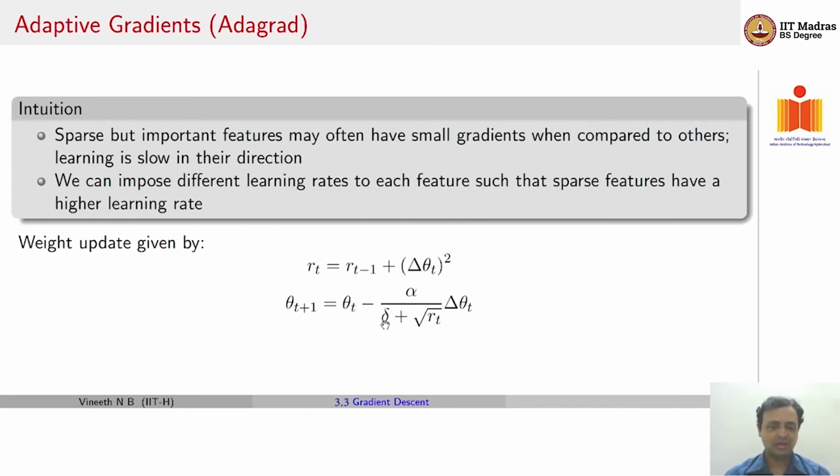We are saying that for one of your weights, if your gradient was large, give it a small learning rate, and for one of your weights, if your gradient is small, then give it a larger learning rate. This seems to fit with the intuition that we had so far, and the nice part now is that, because RT is maintained for each weight individually, this automatically takes care of changing the learning rate for each weight differently.